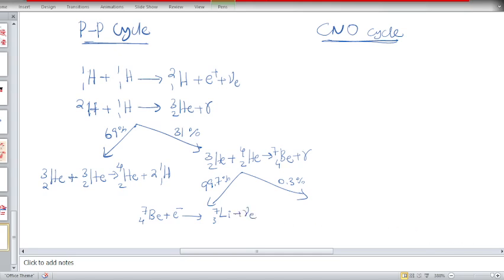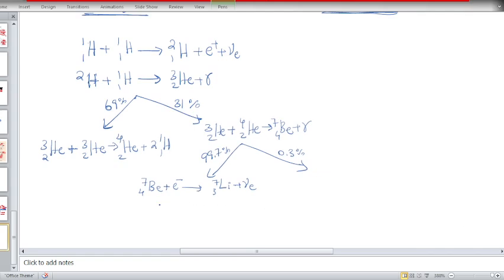Again, this lithium 7 will interact with one proton, and that will become 2 helium.